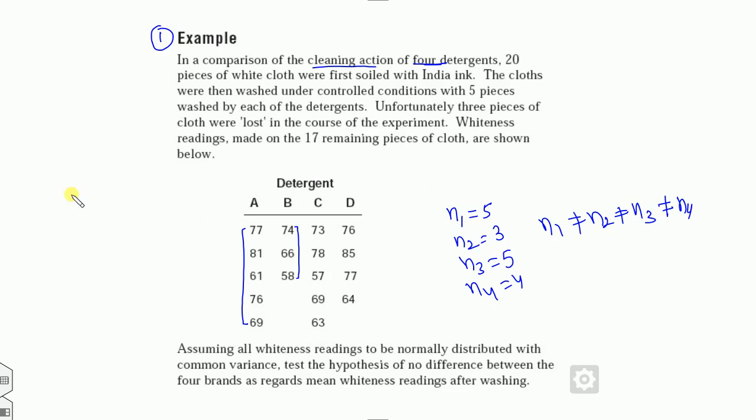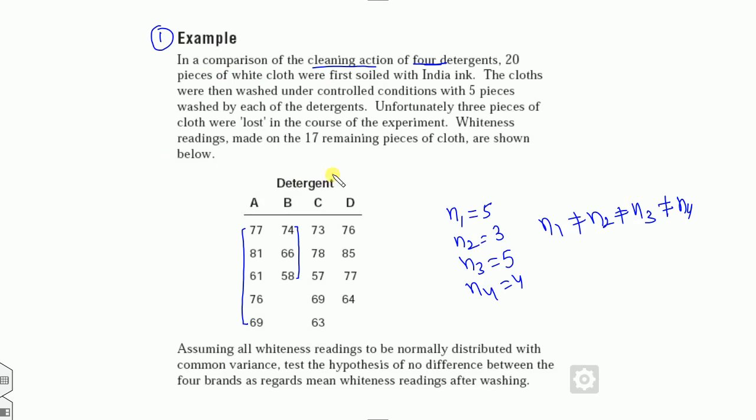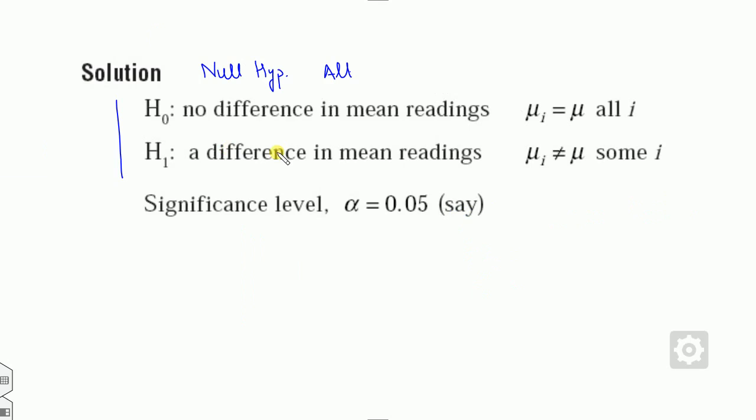one way ANOVA. So our task is, firstly, to define the null hypothesis and the alternative hypothesis. Look at what the problem is: you have to test whether there is a difference between the mean whiteness. So H0 is there is no difference in the mean reading, and H1 is there is a difference between the mean reading.